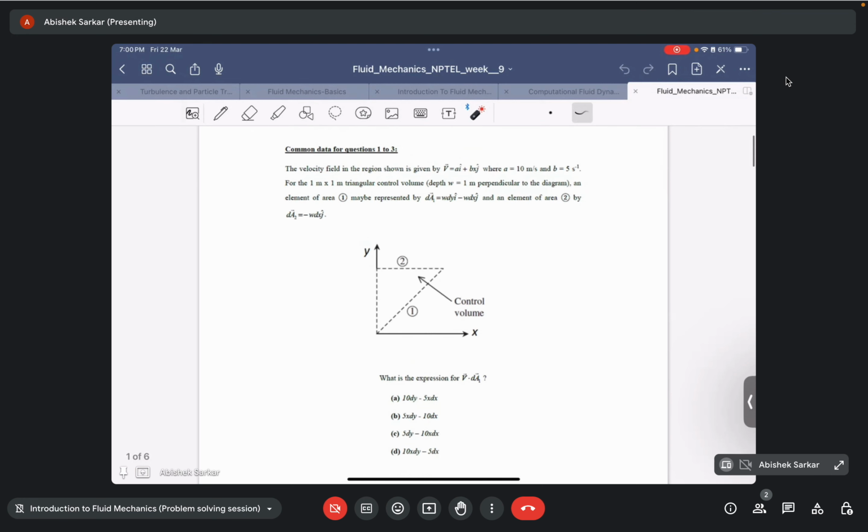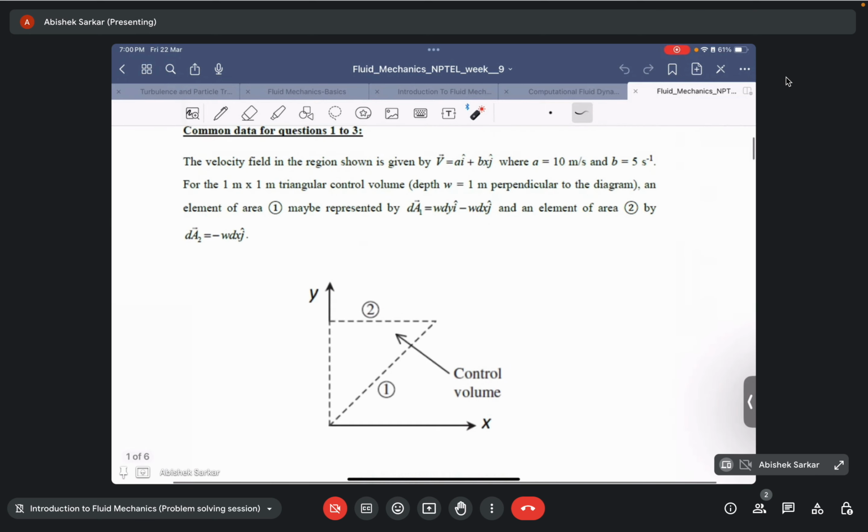Okay, so the first question is: the velocity field in the region shown is given by V = A i cap + B x j cap, where A is equal to 10 meter per second and B is equal to 5 second inverse.